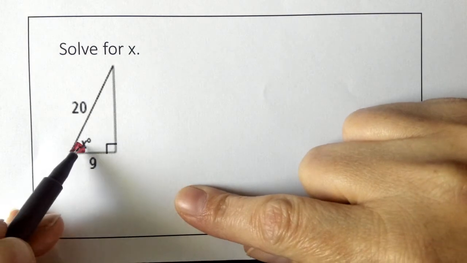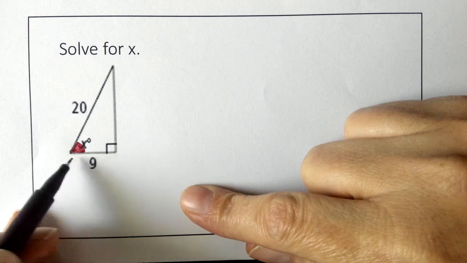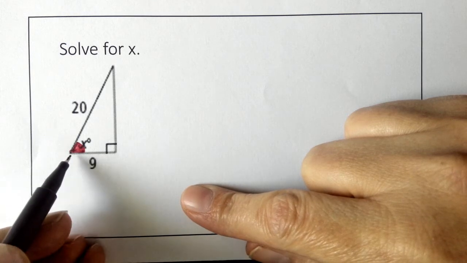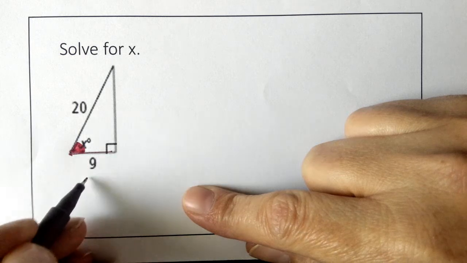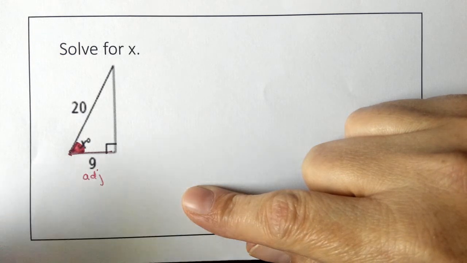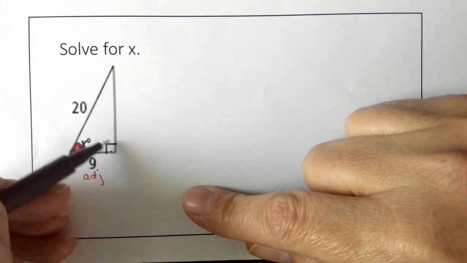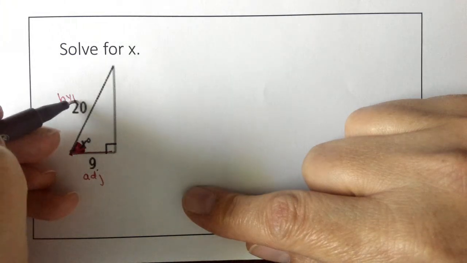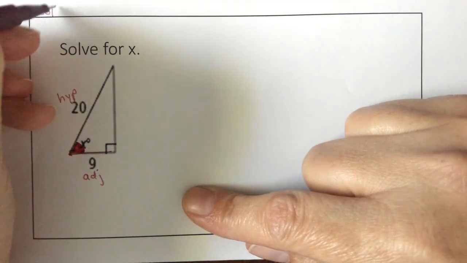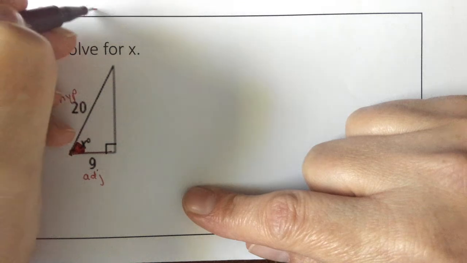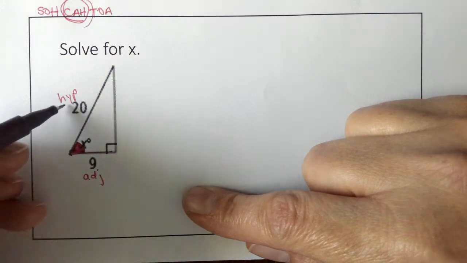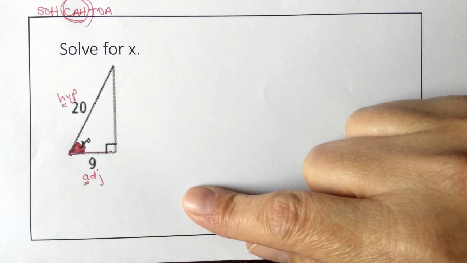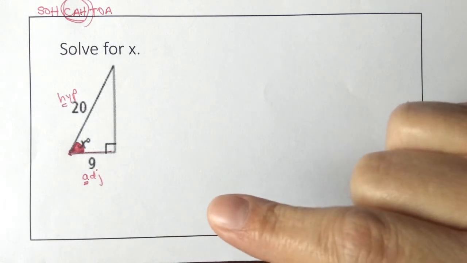With respect to that angle, 9 is the adjacent leg. It attaches X degrees to the right angle. So 9 is the adjacent. 20 is opposite the right angle. It's the hypotenuse. And so TOA tells me that cosine goes with an A and an H. So this is a cosine problem.